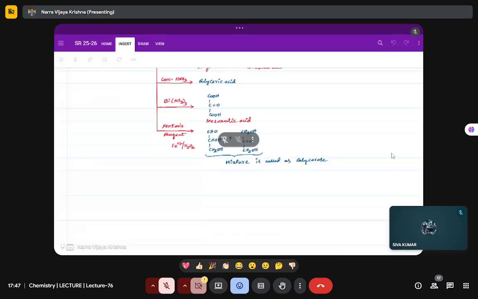Alright. Now tell me whether the screen is visible to you all properly or not. Yes, sir. I need to switch on speaker somewhere.